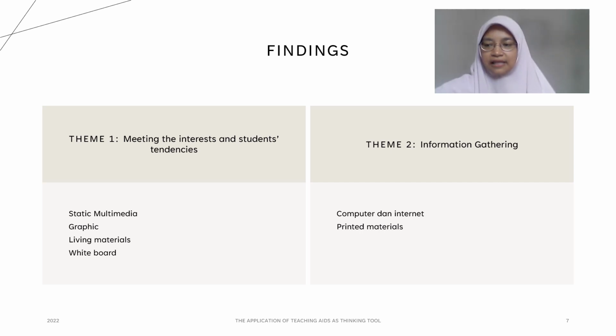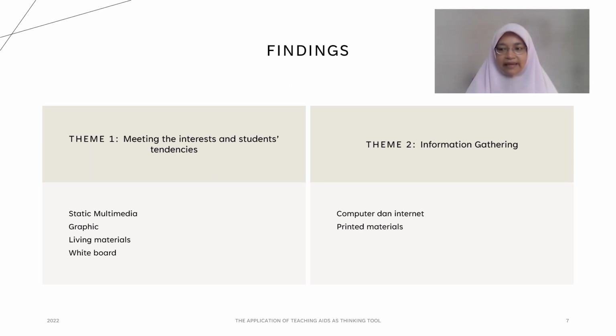And the second theme that emerged is about information gathering. Teaching aids were used by student participants to assist in the process of gathering information in critical thinking. Computer and internet facilities in school were utilized by the study participants to train students in finding issues and formulating arguments.